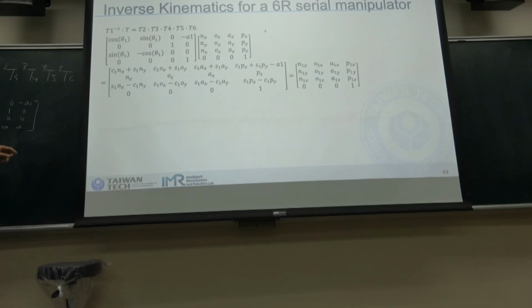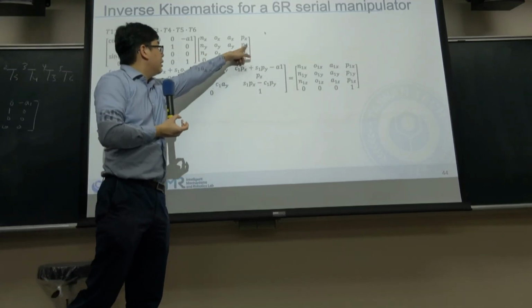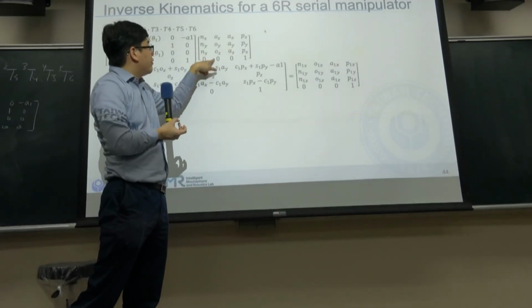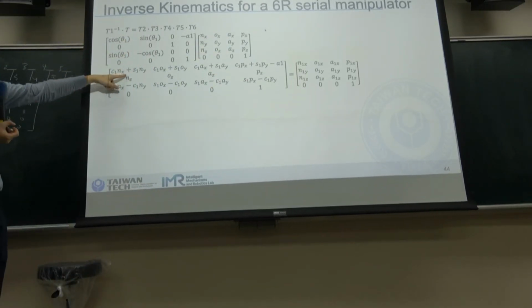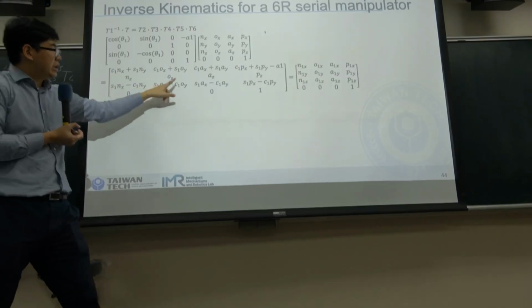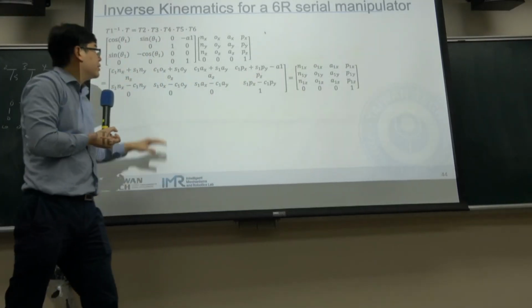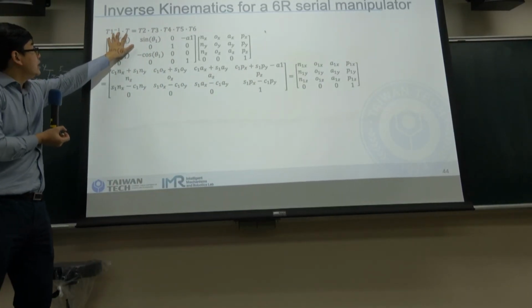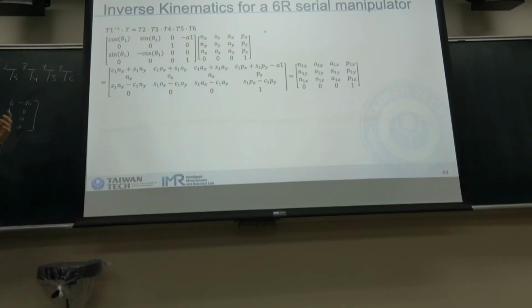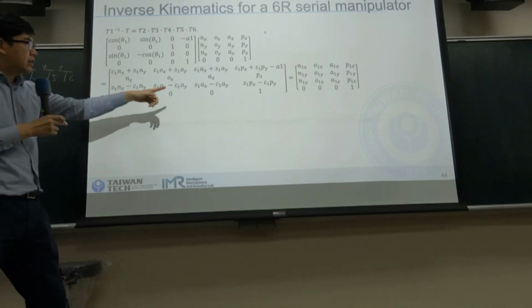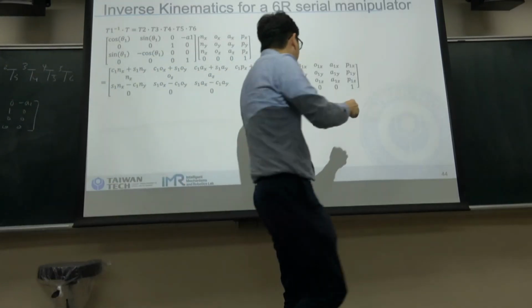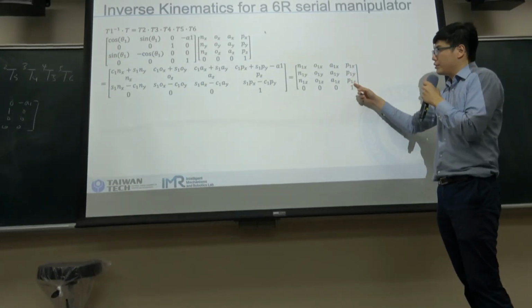And you multiply it by the results of your forward kinematics together. So then you get these 2 equations are the same, which means this one times this one. And from inside, you need to find, like, we know this position, right?